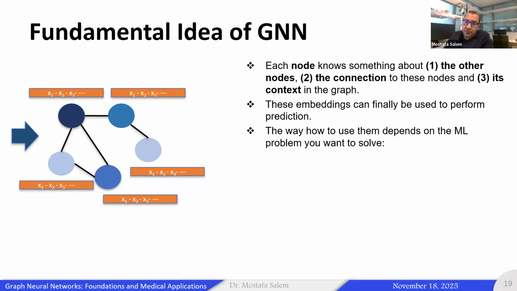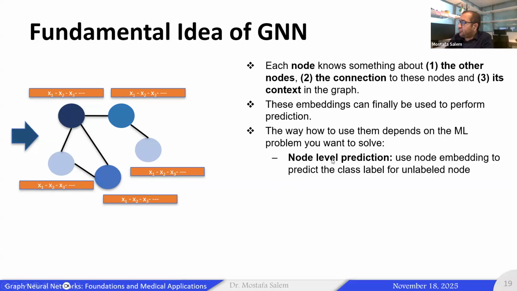If I'm doing edge level prediction, I will take the embeddings of the two nodes connected to each other, merge them somehow, and pass this to a classifier or regression. If I want to do graph level prediction, I have to convert all these embeddings to just one embedding representing the graph and pass the resulting embedding to a graph classifier or graph regression.